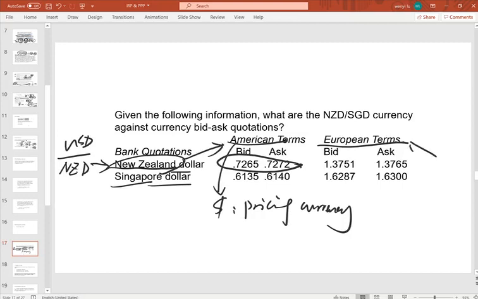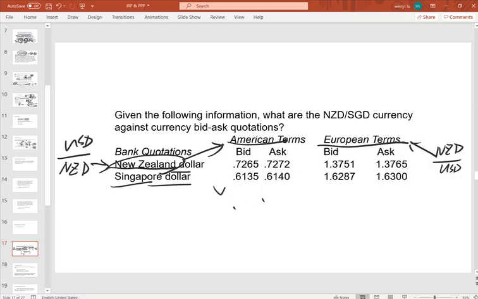For European terms, it's different. The dollars will be the base currency. So it's US dollars as the base currency, to use New Zealand dollars as the pricing currency. Same thing for this one, for the Singapore dollars.